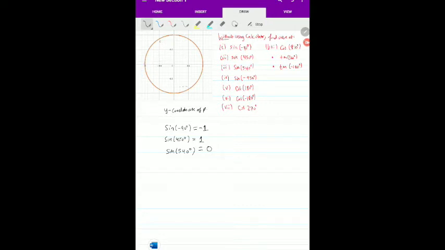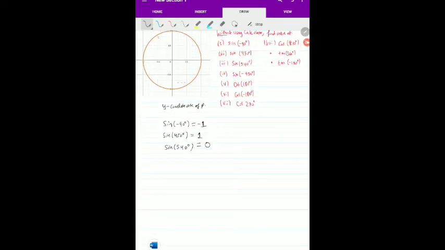Okay. So sine of minus 450, well, now I'm going to go anti-clockwise. That's going to be minus 360, and so minus 450 lands me here. So this is the point that represents minus 450.